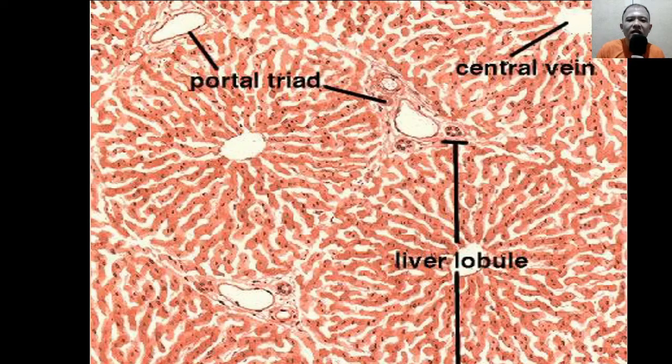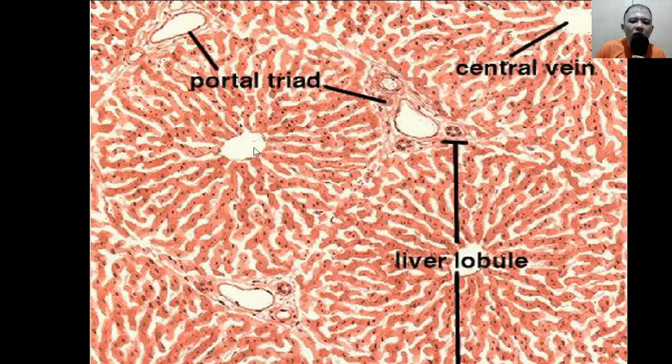So this is the normal histological picture of the liver. In the histological illustration, what are the parts? You have here the central vein or the hepatic vein.